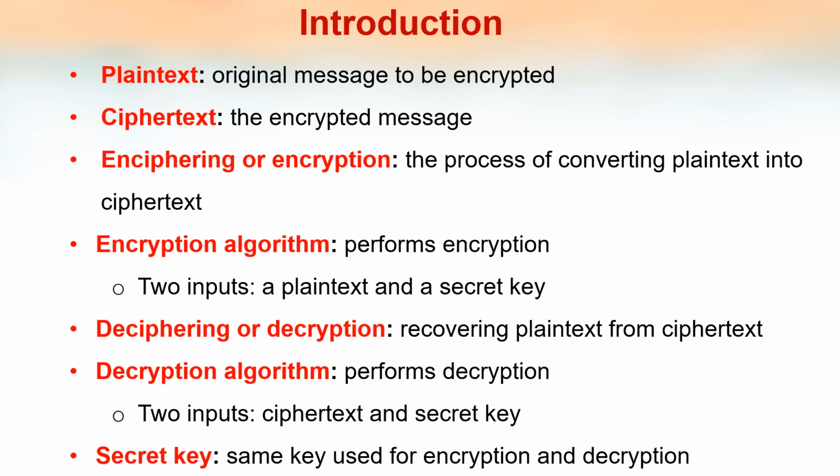There are two inputs for the encryption algorithm, a plain text and a secret key. Decryption or deciphering means recovering plain text from ciphertext. Decryption algorithm performs decryption, which is the opposite of the encryption process. Here also two inputs are the ciphertext and the secret key. Then secret key, which means the same key used for encryption and decryption.